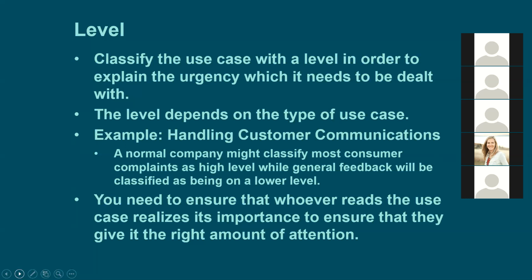A normal company might classify most consumer complaints as a high level, while general feedback might be classified on a lower level. The idea with levels is being able to ensure that whoever reads the use case realizes its importance and gives it the right amount of attention. Again, not every use case format is going to have a level. This is just giving you an idea of things that you might include in a use case document.